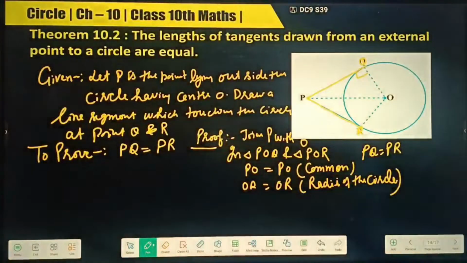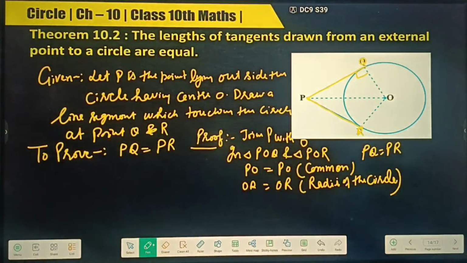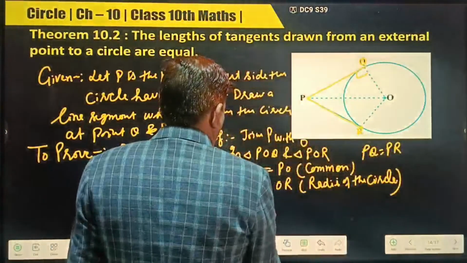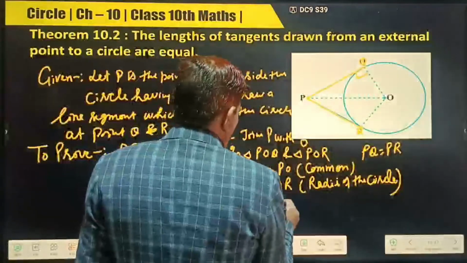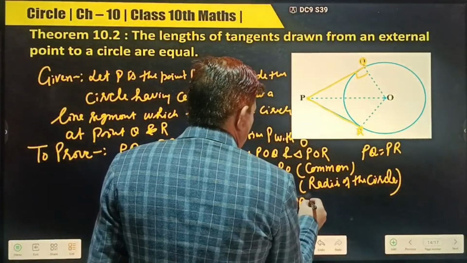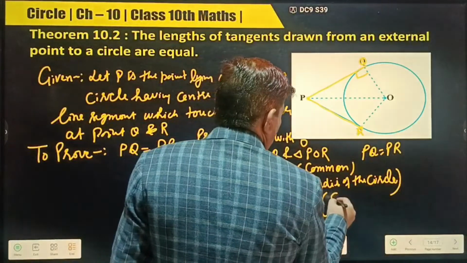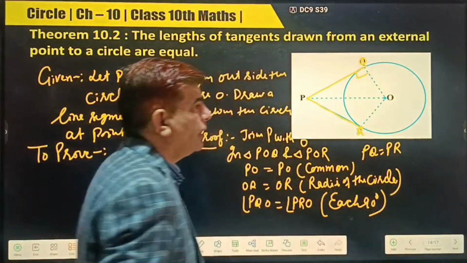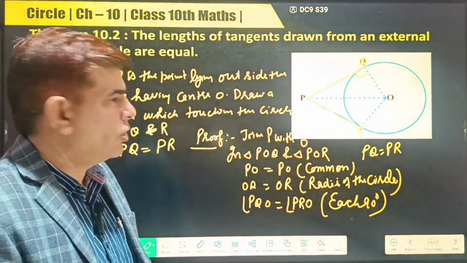So both are radii of the same circle. And angle PQO equal to angle PRO, each 90 degrees. Each angle how many degrees? 90 degrees. Yes or no?